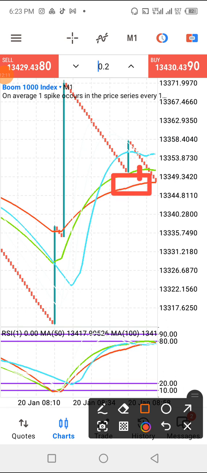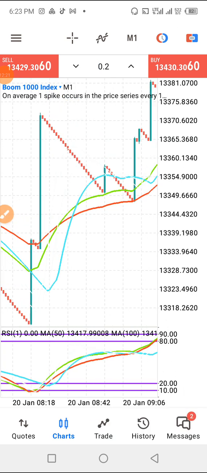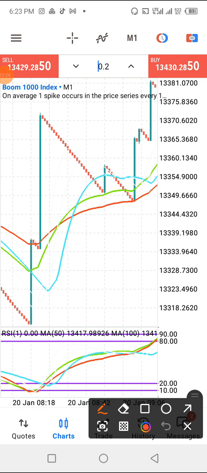So price was above before. When price touches this, it's going to react. Do you notice it there? Despite that, it has not even gotten to level 80 here. So it was not a good signal for us to even take.